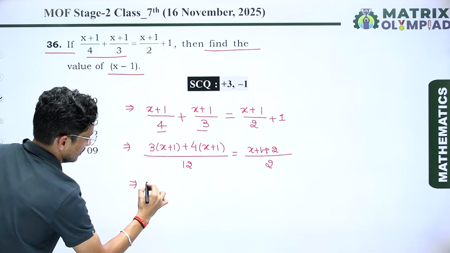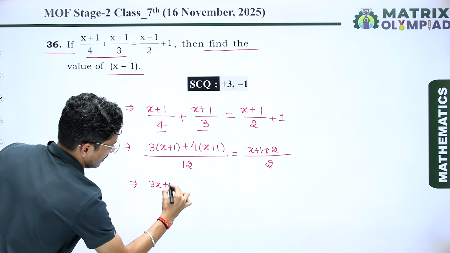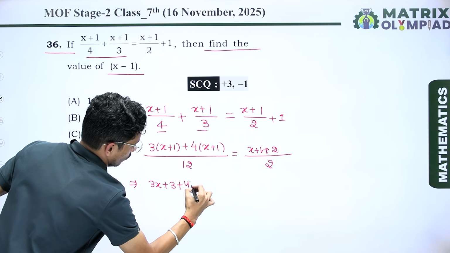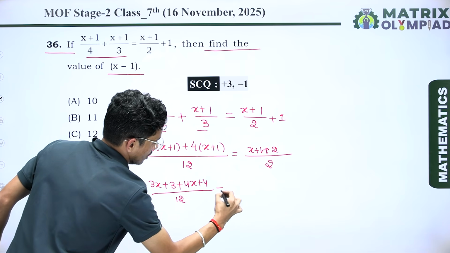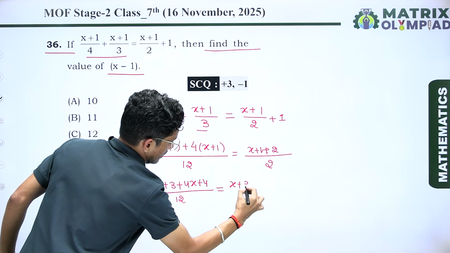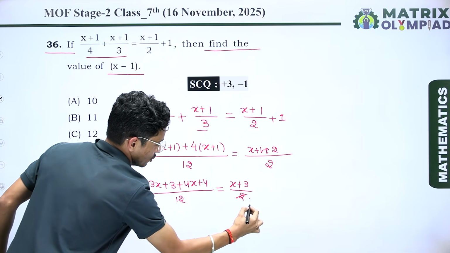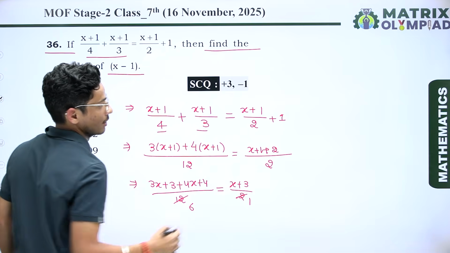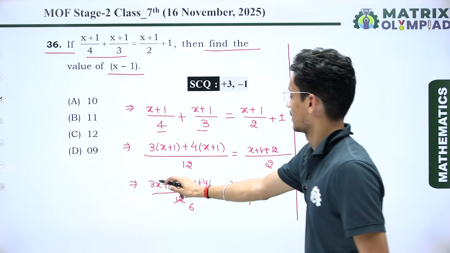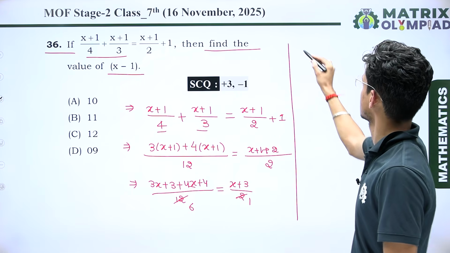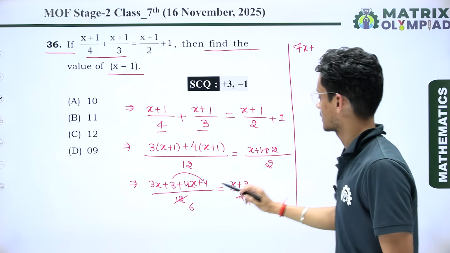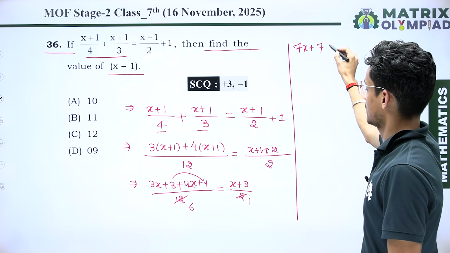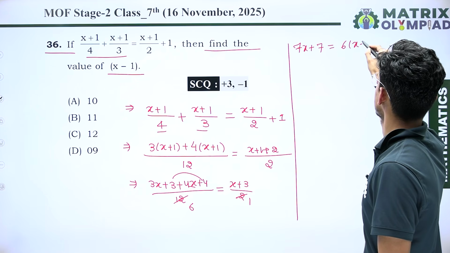So here we can say that 3x plus 3 plus 4x plus 4 upon 12 which is equal to x plus 3 upon 2. So 2 1 is 2, 2 6 is 12. So here I can write 3x plus 4x, that is 7x. So 7x plus 4 plus 3, 7, which is equal to 6 bracket x plus 3.